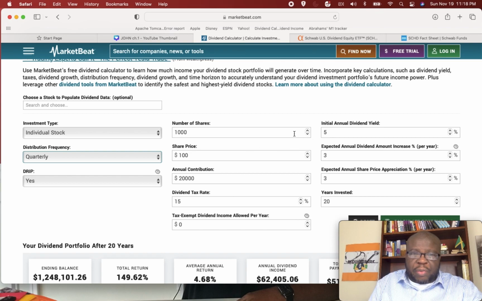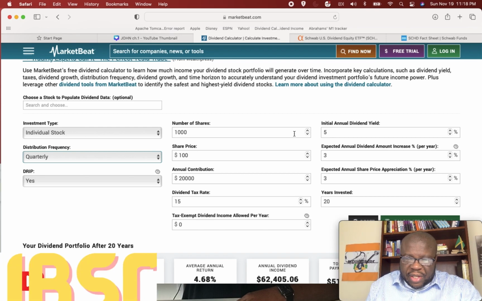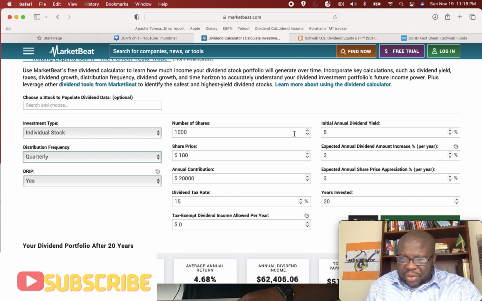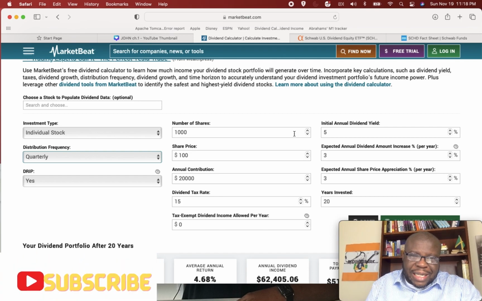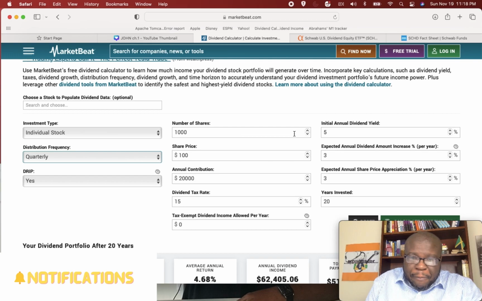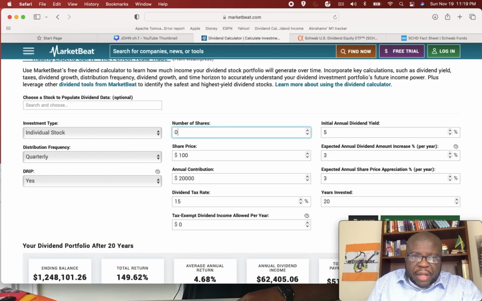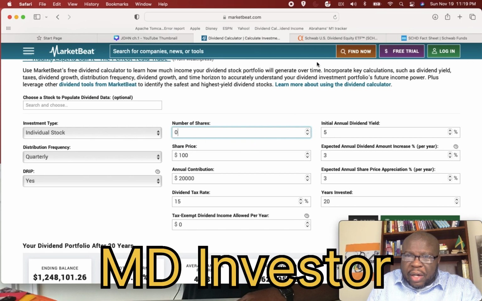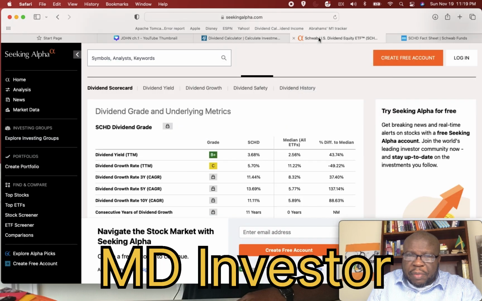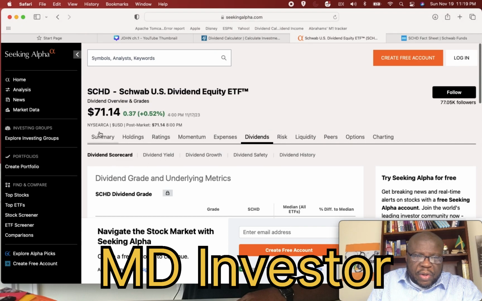Number of shares. This is what we're starting with. So we said SCHD right now is about $70 or so. Let's start off with zero number of shares. The share price we said was $71.14.